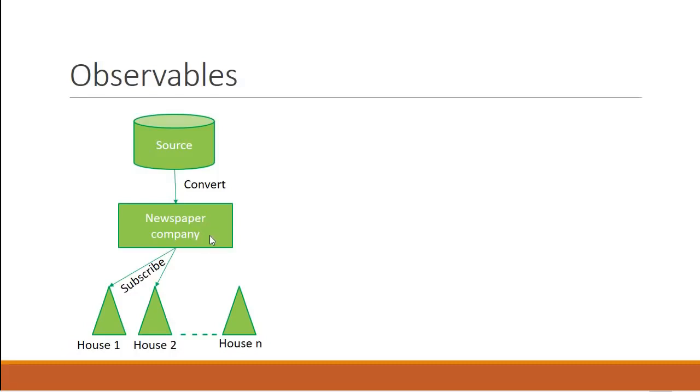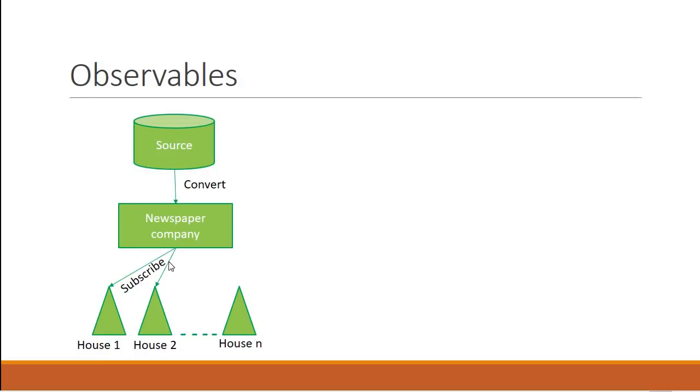Once that is done, the newspaper company has the newspaper in the desired format and is ready to be distributed to the houses. But hang on, does the newspaper company distribute papers to every single house? No. It hands the newspapers to only those houses that have subscribed to this company. So if a new house subscribes to this company, that house will receive the newspaper as well.